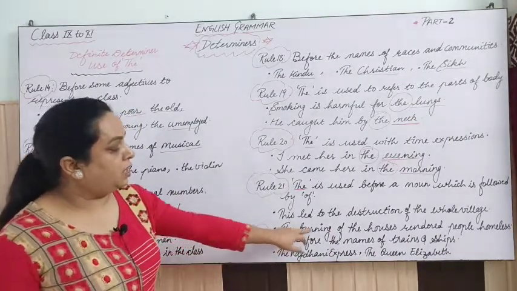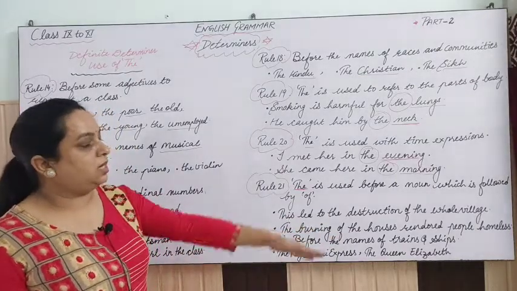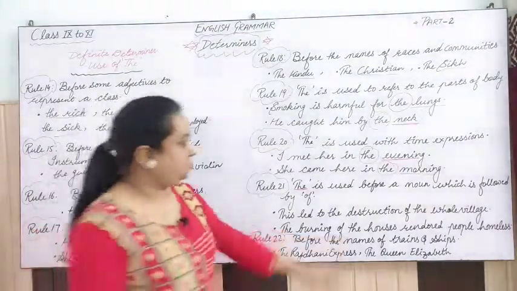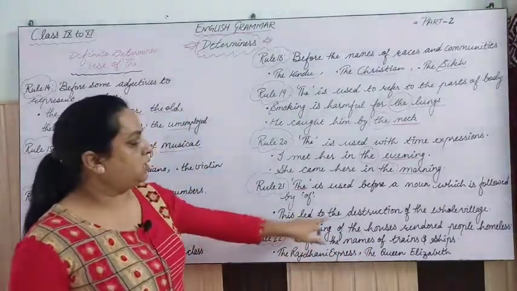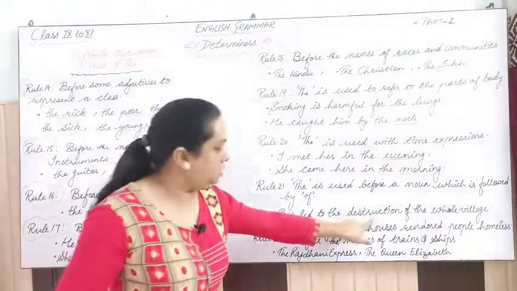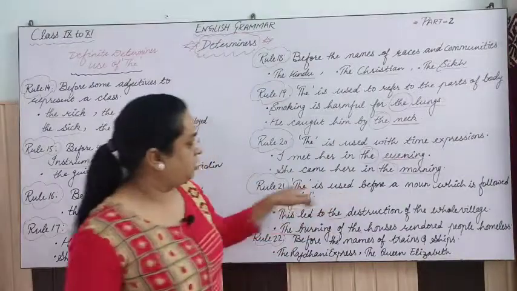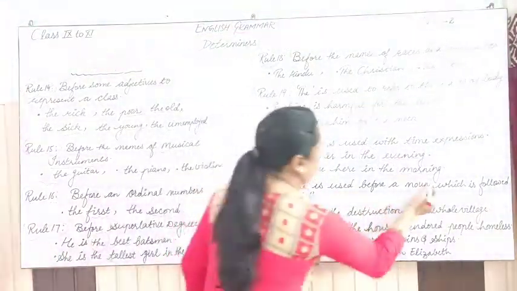The burning of houses rendered people homeless. So here I am using the. This led to the destruction of the. Here destruction is a noun, because it is written, the is used before a noun.